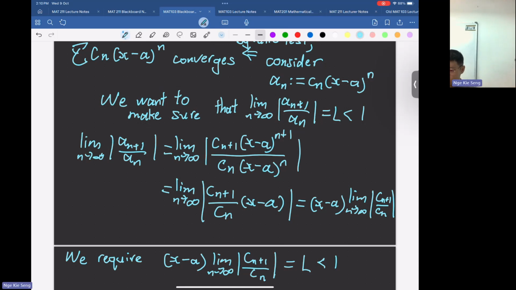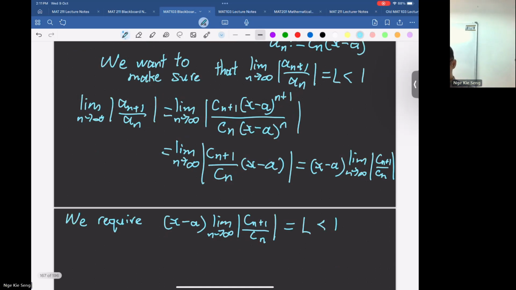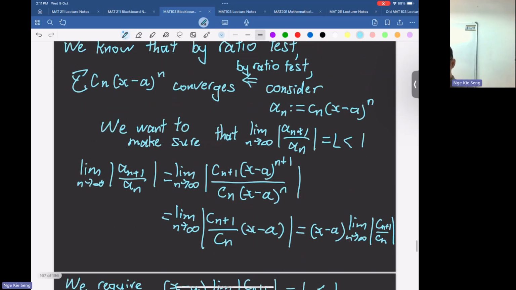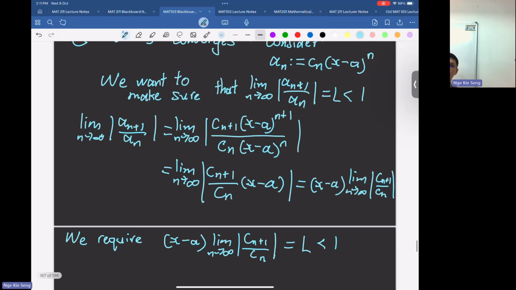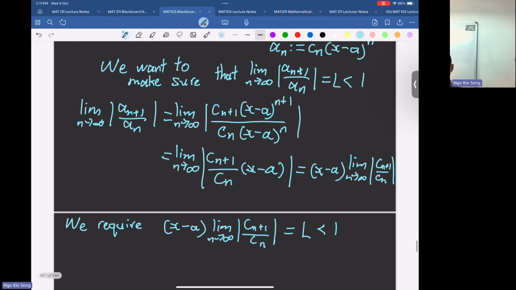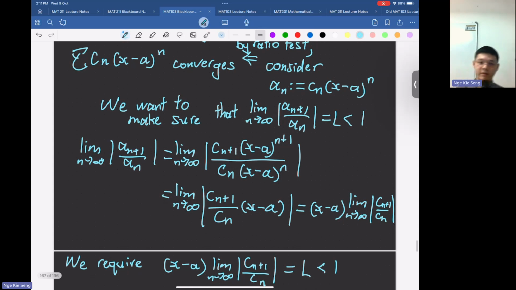If you can make sure that this limit is less than 1, then you can make sure that your power series converges. Any question so far? No question? Okay. So if this whole thing is less than 1, then your series converges.